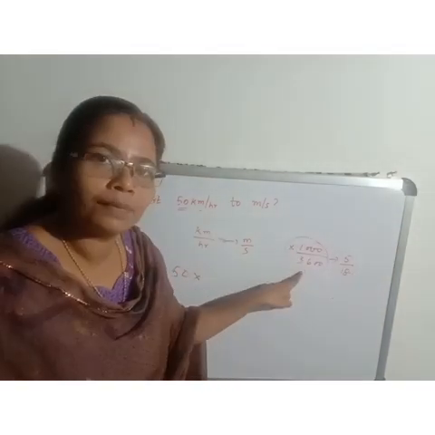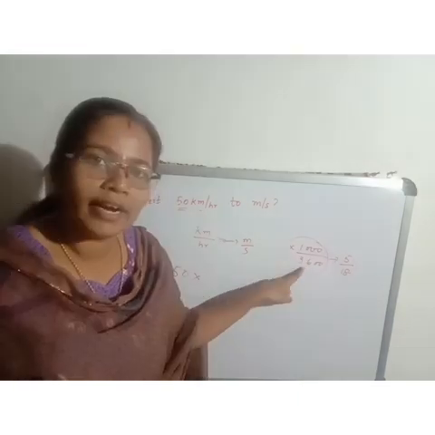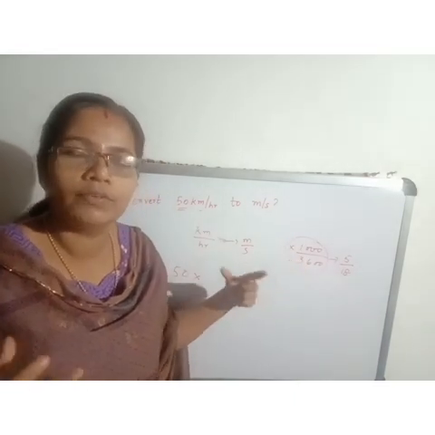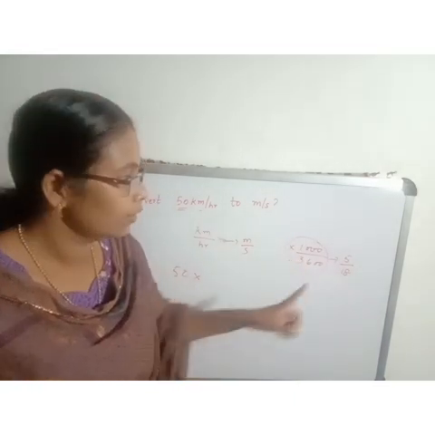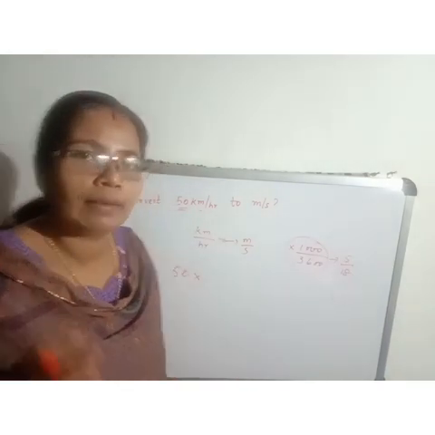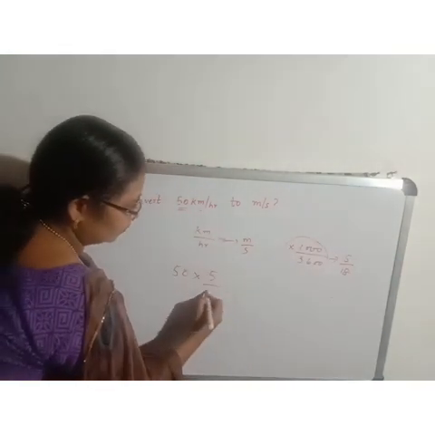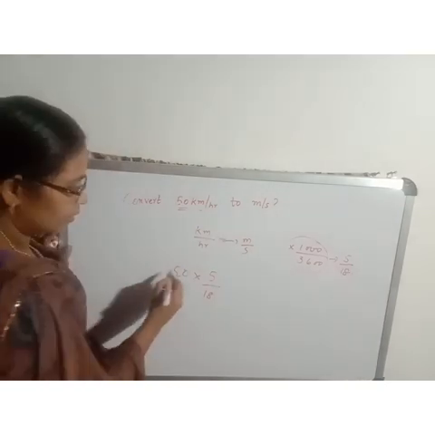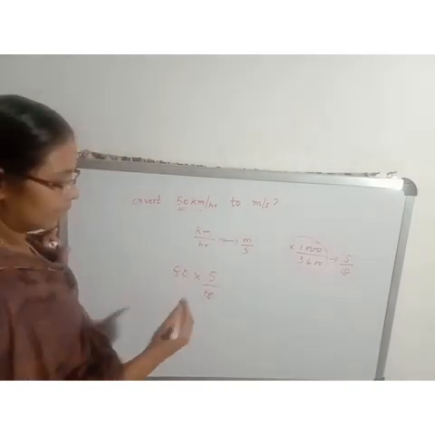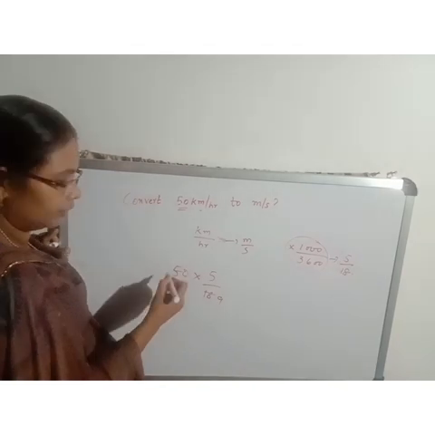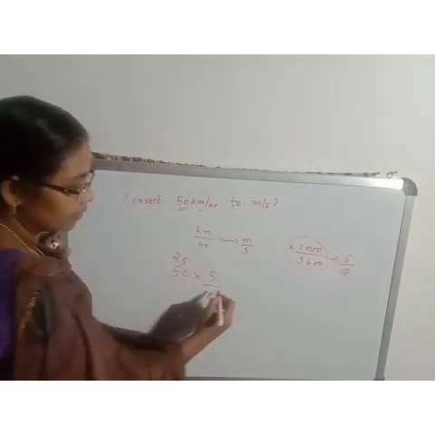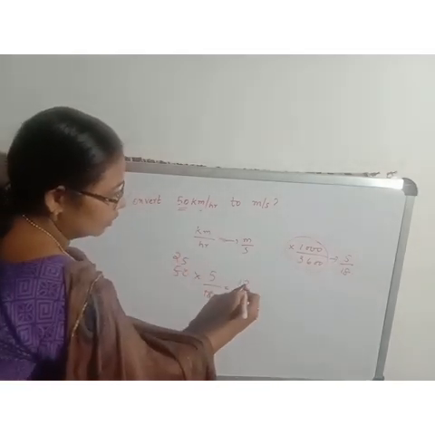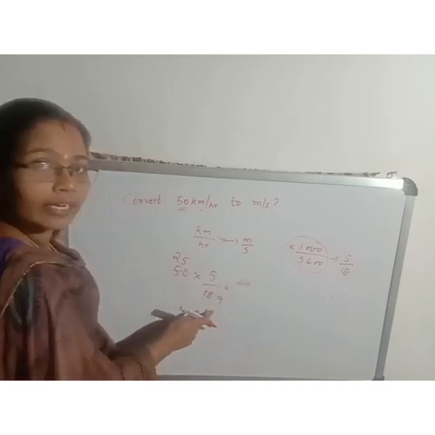Instead of doing 1000 divided by 3600, we avoid that multiplication. We just multiply with 5 by 18. Clear? So how can we multiply this 5 by 18? 9 times 50, 25 times. So 125 into 5 divided by 9.